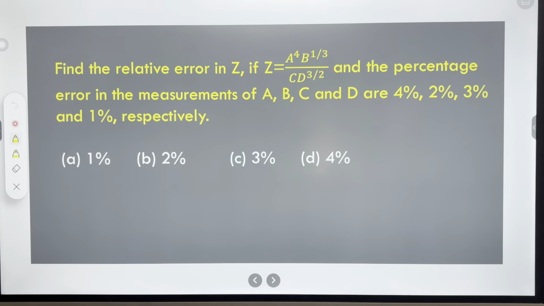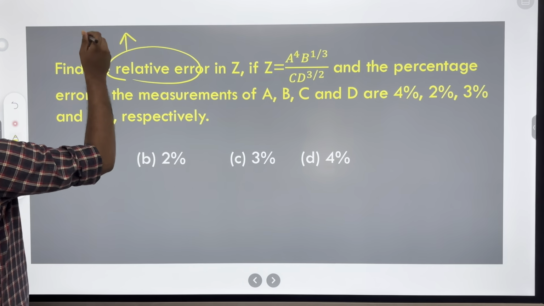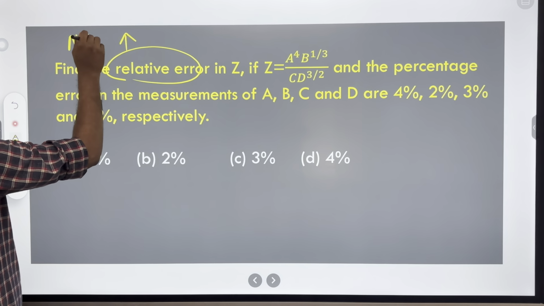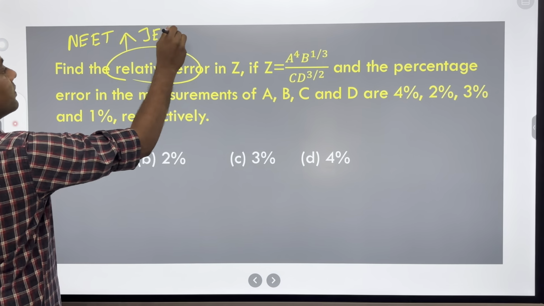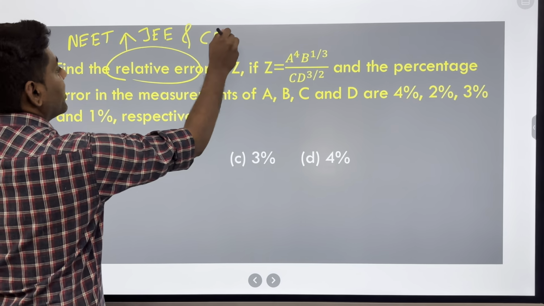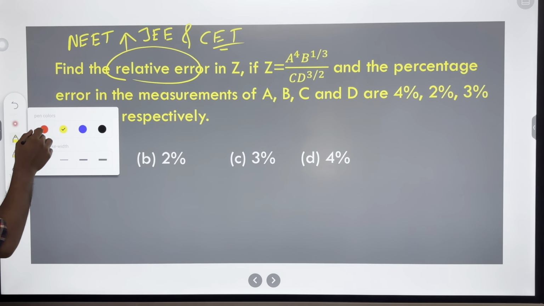Next, find the relative error. Remember, relative error questions are always asked in NEET, JEE and CET examinations, so it is a very important question. Remember how to calculate this.